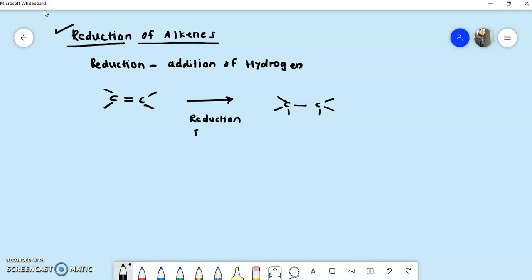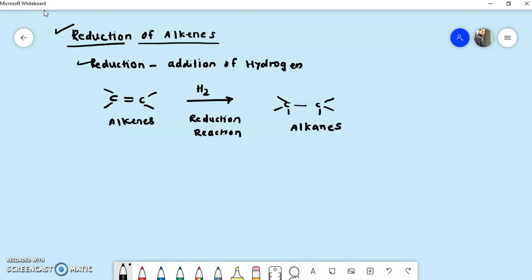It is just the addition of H2, we can say hydrogen. That means alkenes are converted into alkanes by the reduction reaction. So alkenes can be converted to alkanes by reduction reaction.